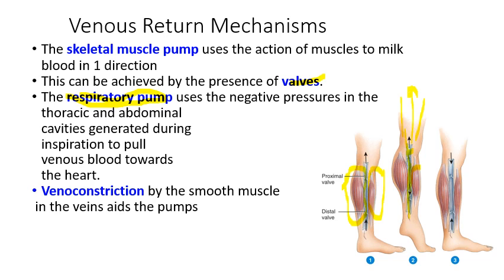So breathing in, as you contract your diaphragm and expand your thoracic cavity, you increase the volume but reduce the pressure inside your thoracic cavity. That pressure difference is going to draw blood upward towards the thoracic cavity. So just general breathing is enough pressure difference inside the cavities of your body to draw that blood back up towards the heart. That's the respiratory pump.